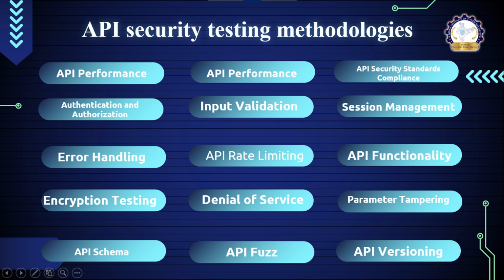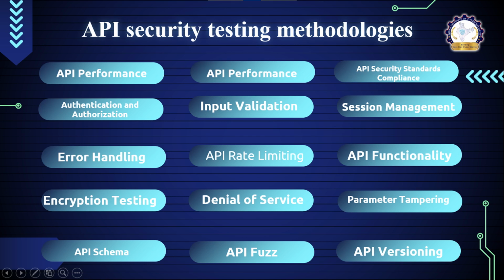API security standards compliance testing is a process that involves testing whether an API adheres to established security standards and practices. The goal of this testing is to identify any security vulnerabilities in the API and ensure that it meets the security requirements of the organization or industry standards.